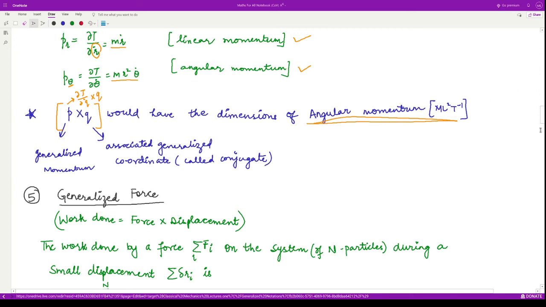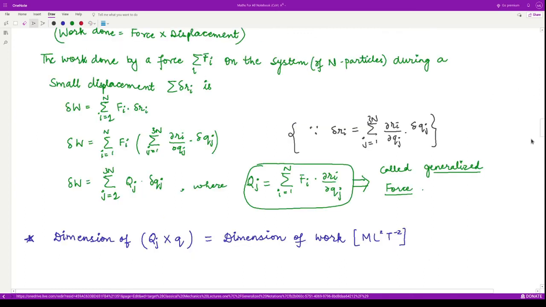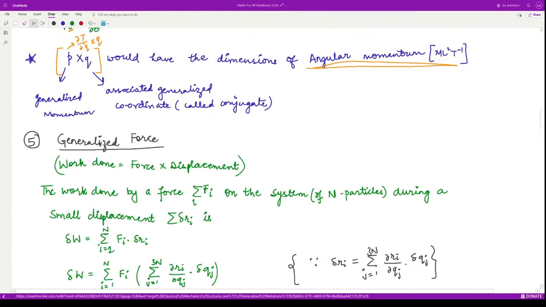So on similar lines, we can discuss generalized force. Work done is defined as force into displacement. There is no doubt with that. Therefore, the work done by some force is defined by summation F_i, because we have a large number of particles, n particles with us. So force corresponding to each particle is given by F1, F2 up to Fn.